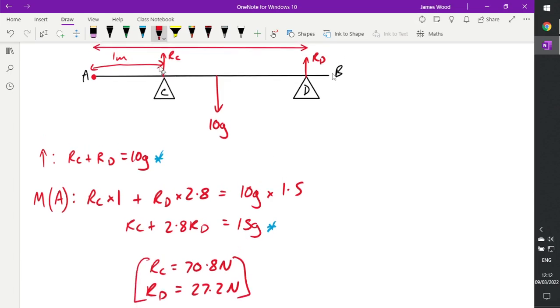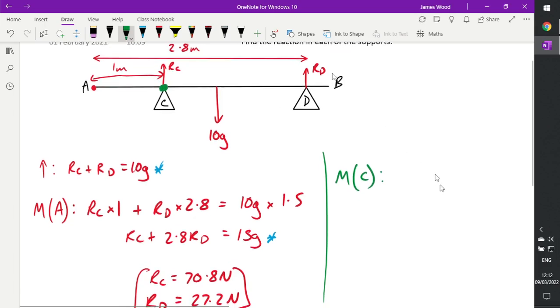Now other places you could take moments about. Perhaps let's do moments about C. It's a nice easy place to do moments around. So we put it here. Then we would have 10g times this distance here, and that'd be 0.5 because it's 1.5 along because it's uniform.